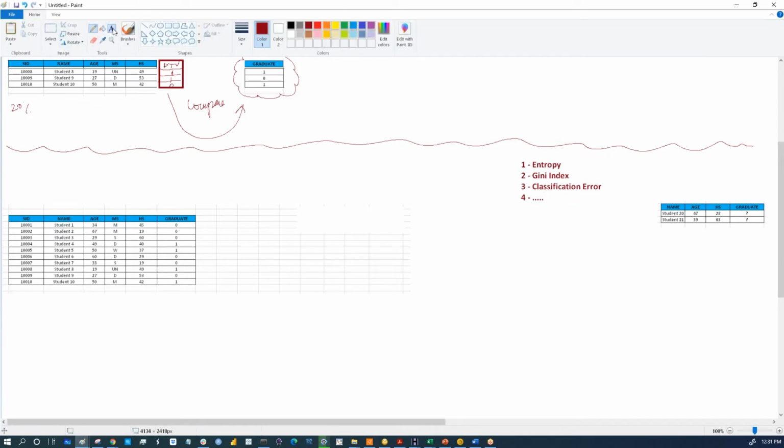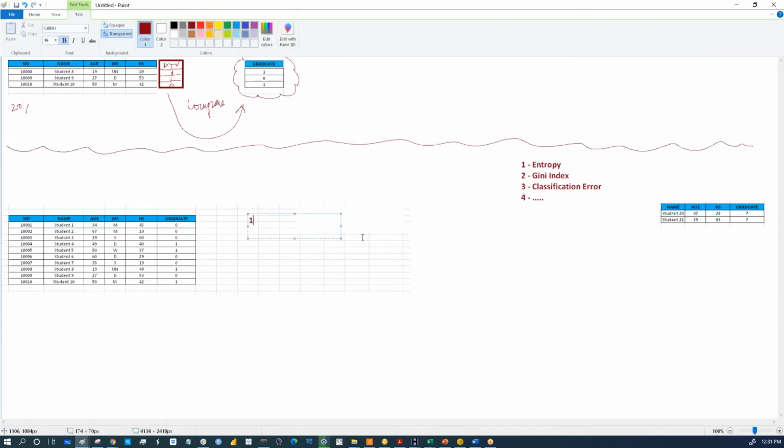So decision tree, number one, treats all features with the same importance. It treats age the same way it treats marital status, the same way it treats the hours spent.